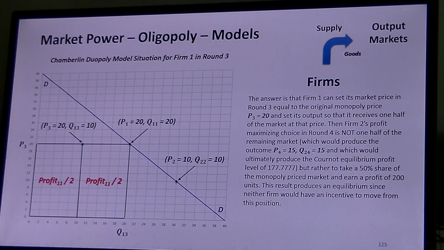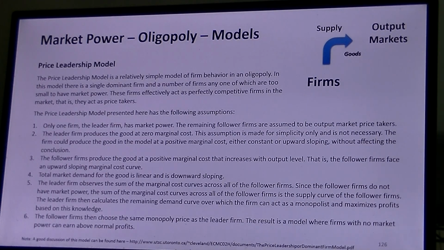This is what's called a Nash equilibrium. We've talked about the Nash equilibrium earlier. That simply means that the two firms have gotten to a situation where they do not have an incentive to move from the position that they've achieved. And I think that's a very interesting model, because it's a competitive model.